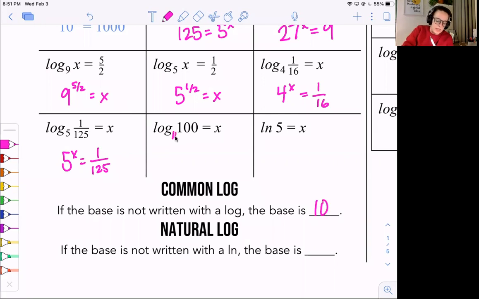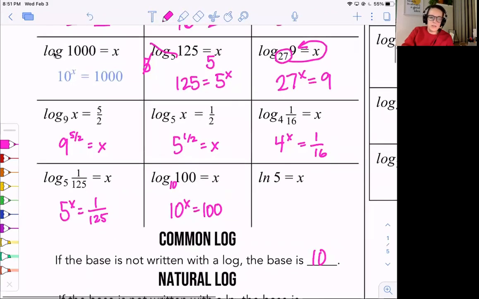So we could put a 10 here and we would say 10 to the power of x is 100, right? So this would be our log form and this is our exponential form here, right? So this is called a common log. That's why you also see this one here with nothing there. It would be 10 to the power of x equals 1000. So our common log has a base of 10.